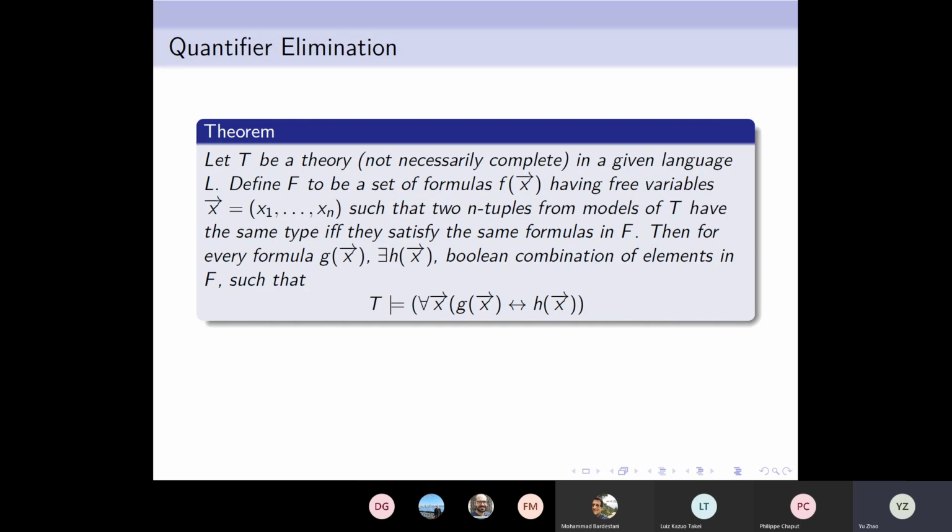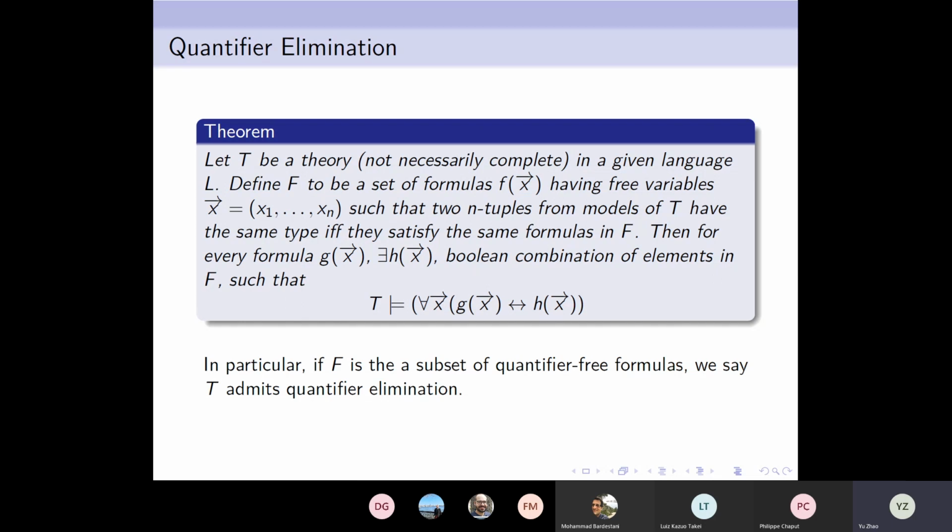This is important in the sense that if F is a subset of the quantifier-free formulas, then we say T admits quantifier elimination. Because here G(x) may have some quantifiers, but H(x), if we choose F to be a subset of quantifier-free formulas, then H(x) doesn't have any quantifiers.